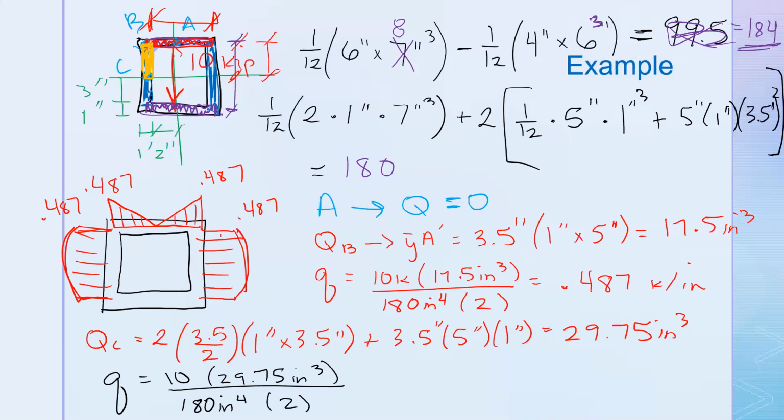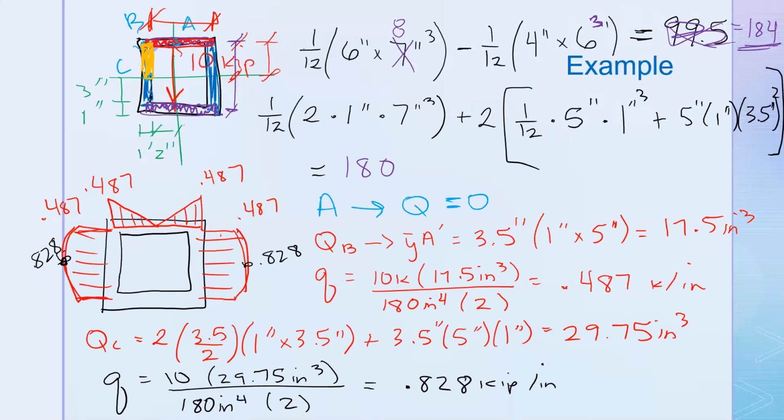Yes, thank you. Still have to divide by 2 because we're splitting that along the two sides. And so that equals 0.828 kips per inch. So here is 0.828 and 0.828.